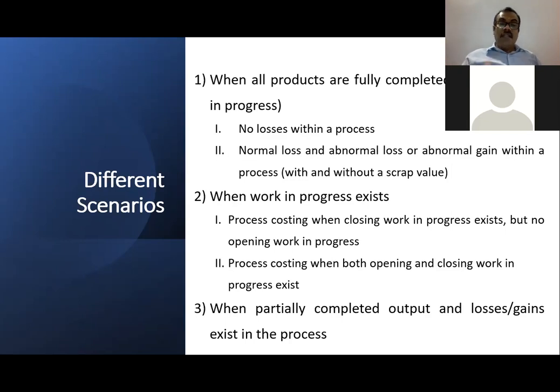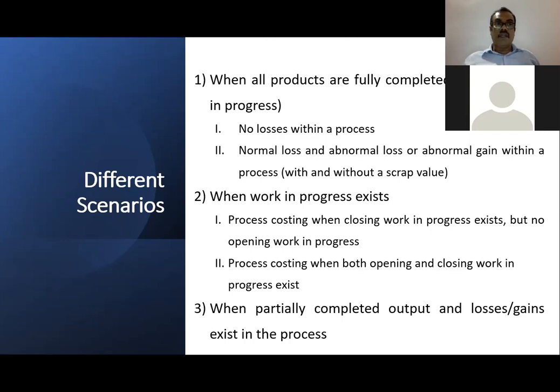Okay. Sometimes these losses, either abnormal or normal, come out of your production process. If you can see maybe a damaged product, there is a possibility that these things can be sold in the market at what we call a scrap price.